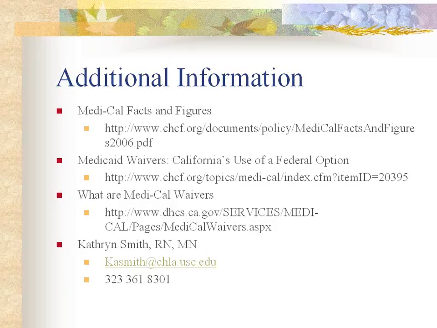So I may have missed this, but the waiting list, is that for the DD Medi-Cal waivers as well as the nursing waiver? I can tell you, let me just get to my notes here, and I can tell you what the numbers are for each one of them. Yes, there's a cap.